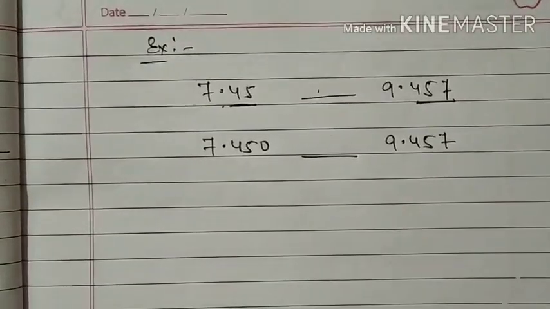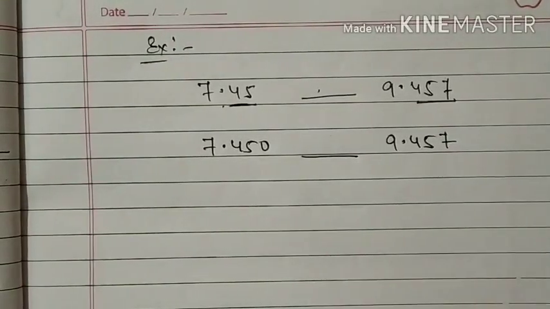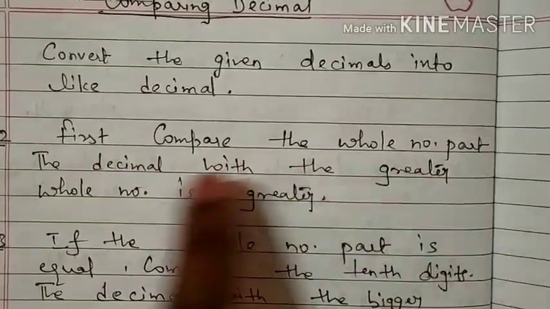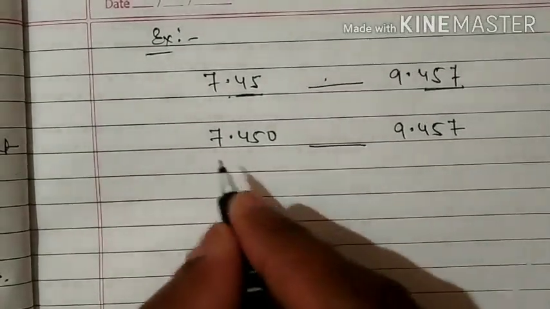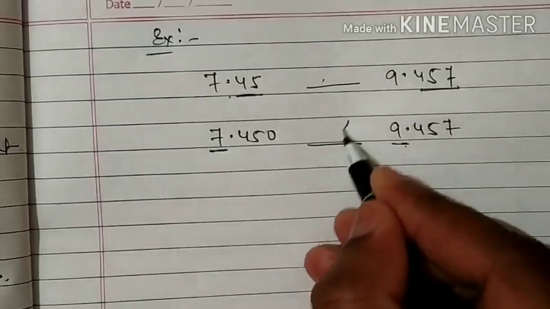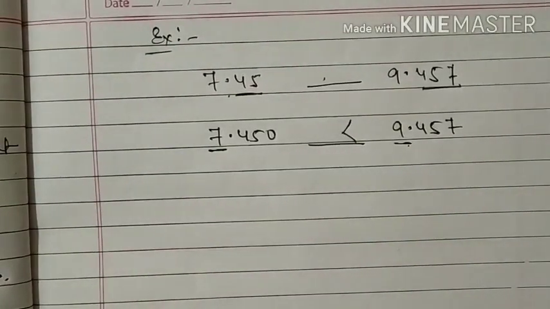How will we compare? What was the first step? First, compare the whole number part. In one we have 7, and in the other we have 9, which is greater than 7. So the comparison will be this side.